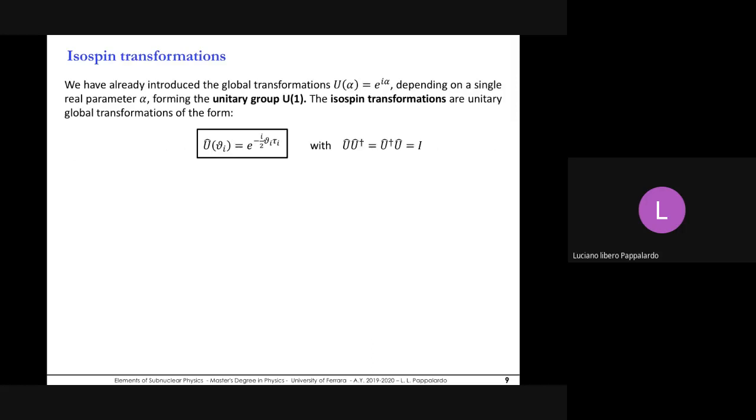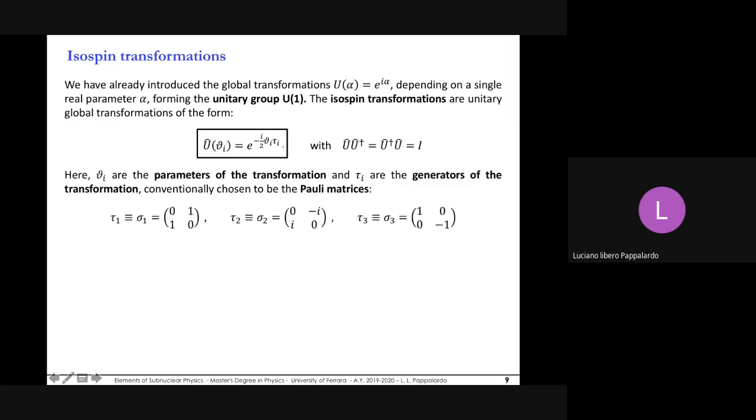Now, more in general, we have already introduced global transformations of the form U(α) = e^{iα}, depending on a single real parameter α, forming, if you remember, a unitary group U(1). Okay. Now, the isospin transformations are unitary global transformations of this form here, U = e^{-i (1/2) θ_i τ_i}, where U is again a unitary operator.